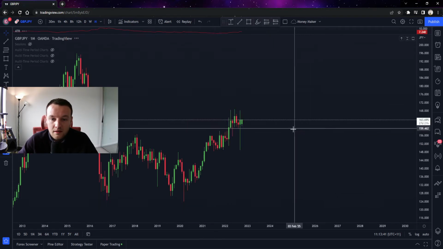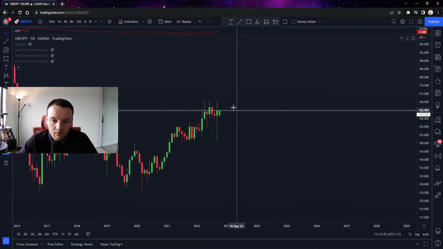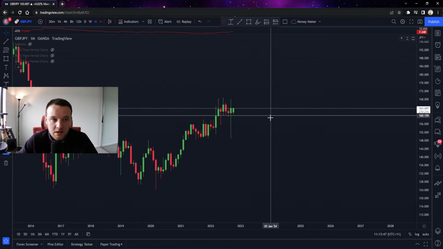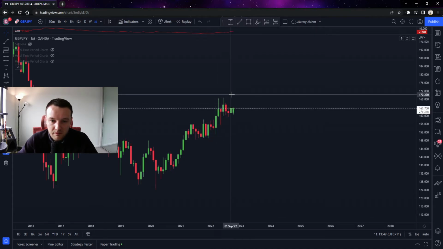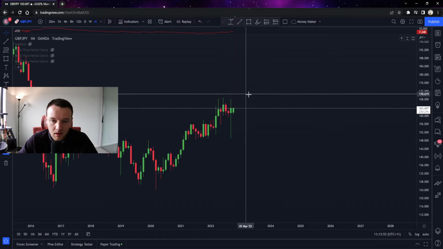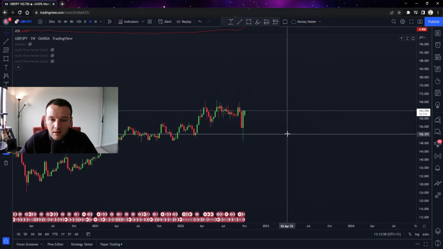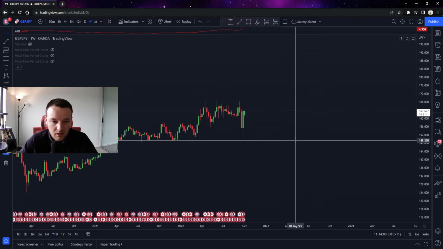Same with GJ, that previous monthly close right here, it's a bit hard to say where price is going to go from here, but we just have to wait and see.